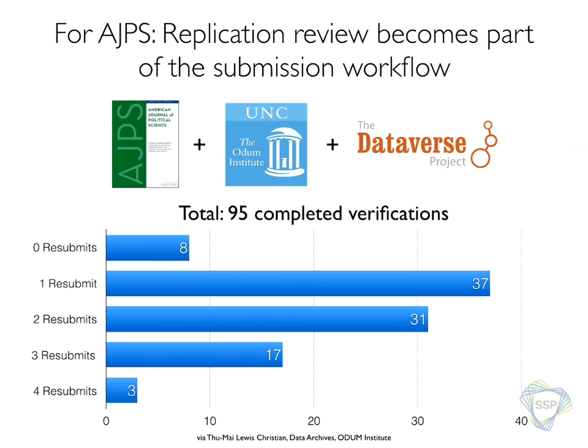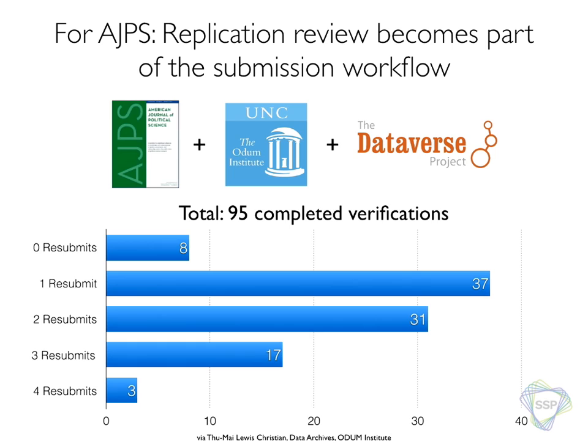There are different options that would help execute the code automatically, see if it replicates, and facilitate that review. But as of now, of 95 complete verifications, what they've seen is that only 8 cases didn't need to be resubmitted, that is, they didn't need to ask for more information about the data and the code.